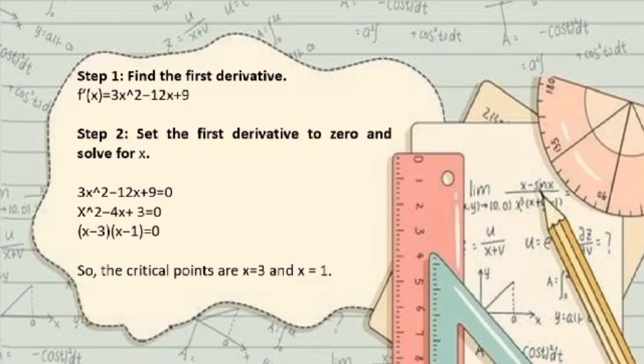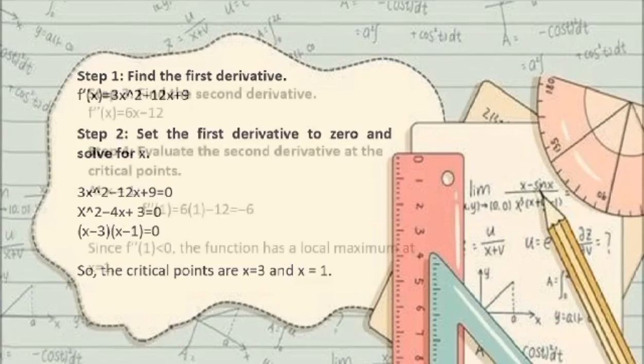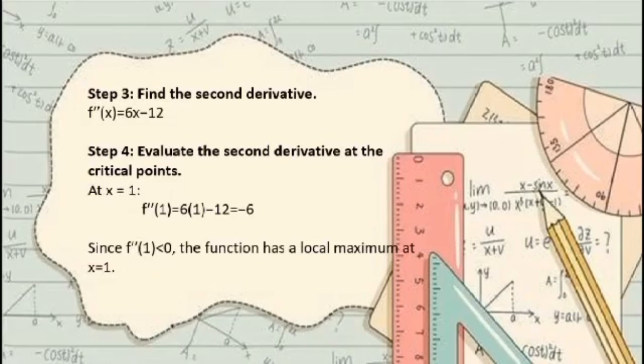We need to factor x squared minus 4x plus 3 so that we can easily solve for x, which is x minus 3 and x minus 1. So step 3 is we need to find the second derivative of our function, which is 6x minus 12.